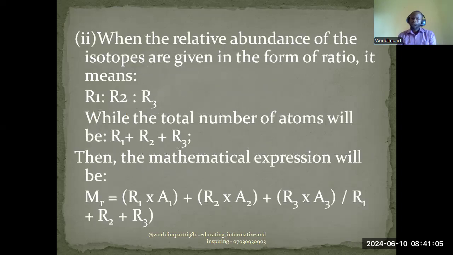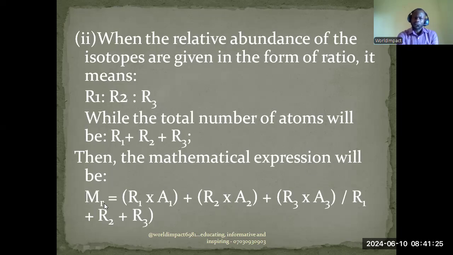Okay. However, when the relative abundance of the isotopes are given in the form of ratio and not in percentage abundance, we represent that with R1, R2, and R3. And so the total sum of it is going to be the denominator, R1 plus R2 plus R3, which gives us a new expression.